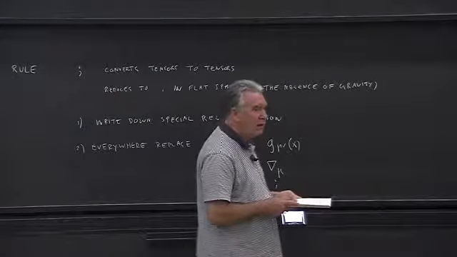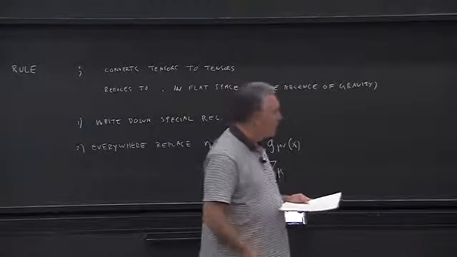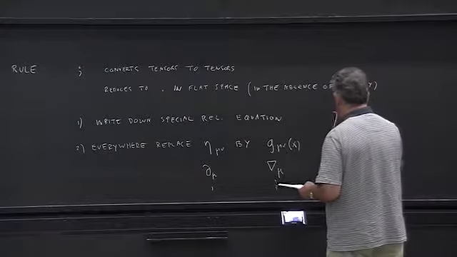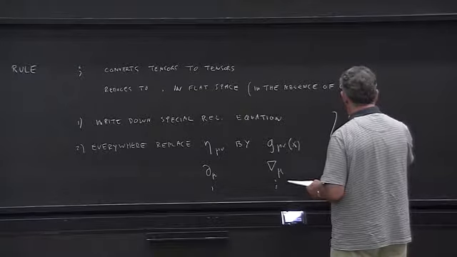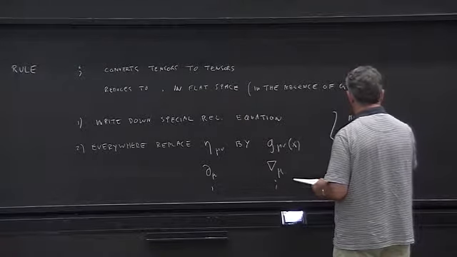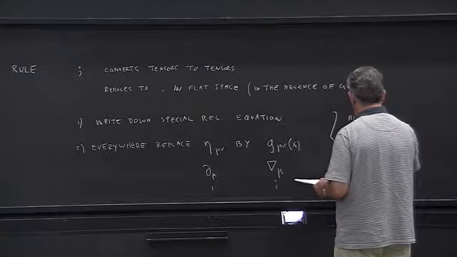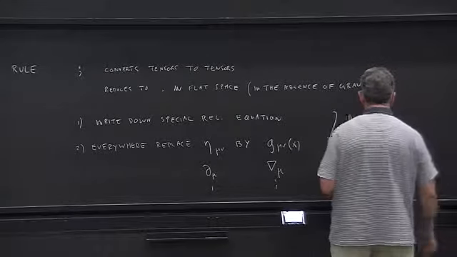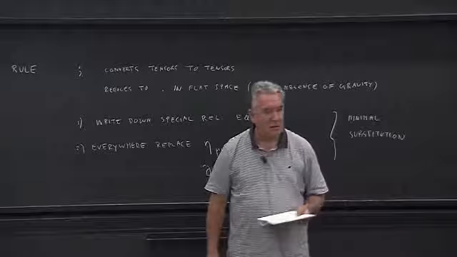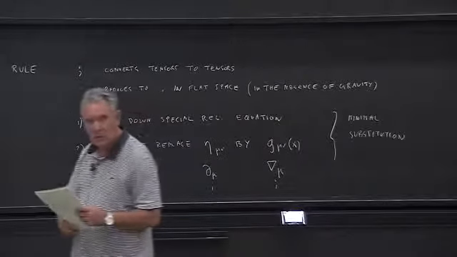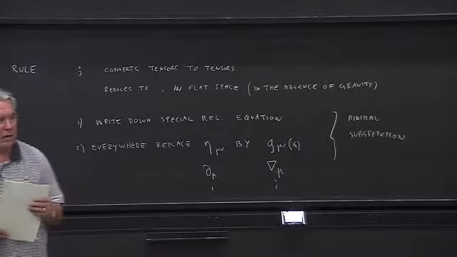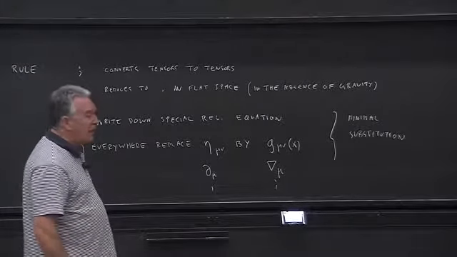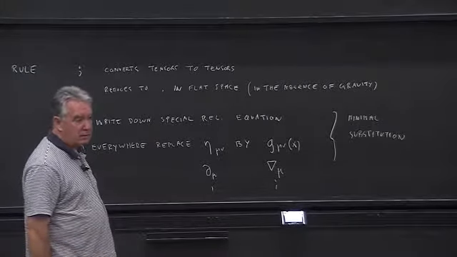Now, that's not entirely unique, as we'll see, but this prescription is known as minimal substitution. That's the very least you need to do to get the right equation. You could modify it by things that vanish in flat space.